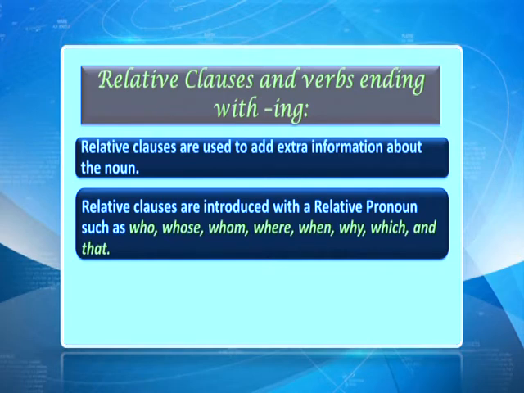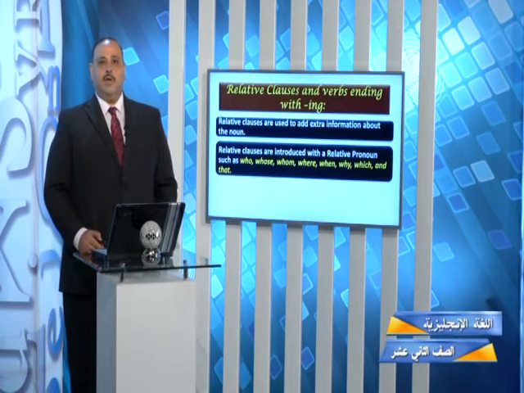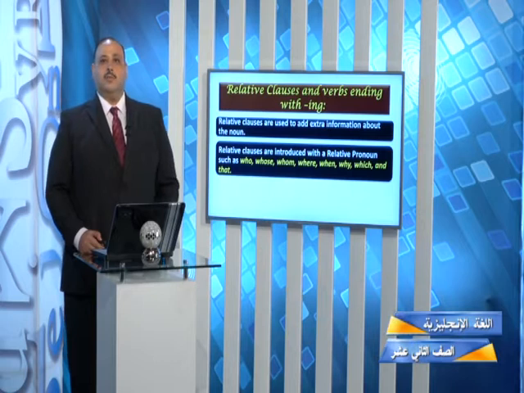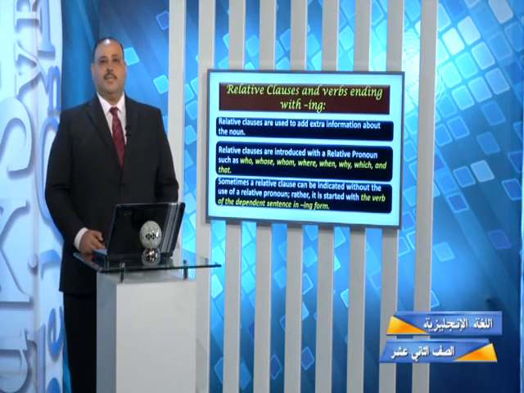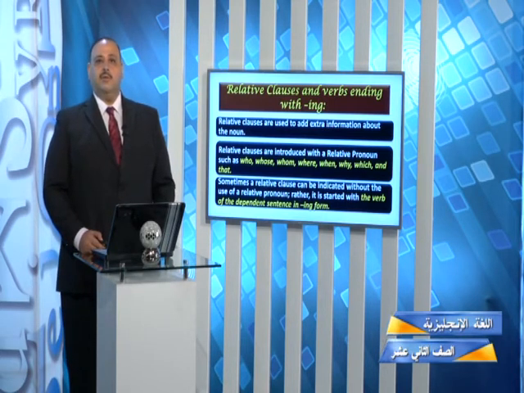So these are examples of relative pronouns, and they come in the beginning of an adjective clause or relative clause. What we are going to do is to reduce. When I say reduce, it means to delete. We're going to reduce this relative clause or relative pronoun and use the verb plus ing.